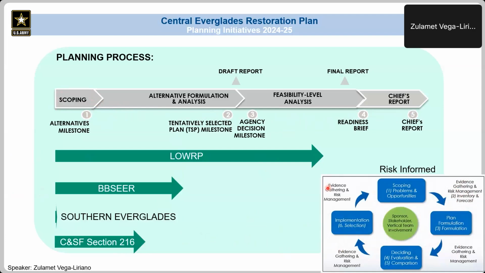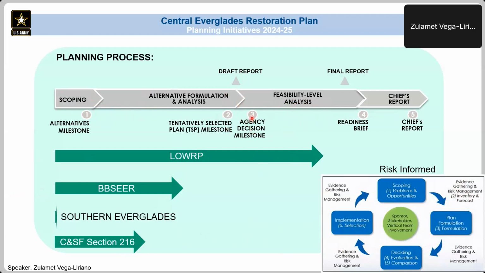Next, we have the alternative formulation and analysis, whose key decision point is the tentative selected plan milestone, followed by the release of the draft report, which includes an opportunity for public input, also input from the agencies, the tribal nations, among others. Next is the feasibility level analysis, which includes the agency decision milestone.